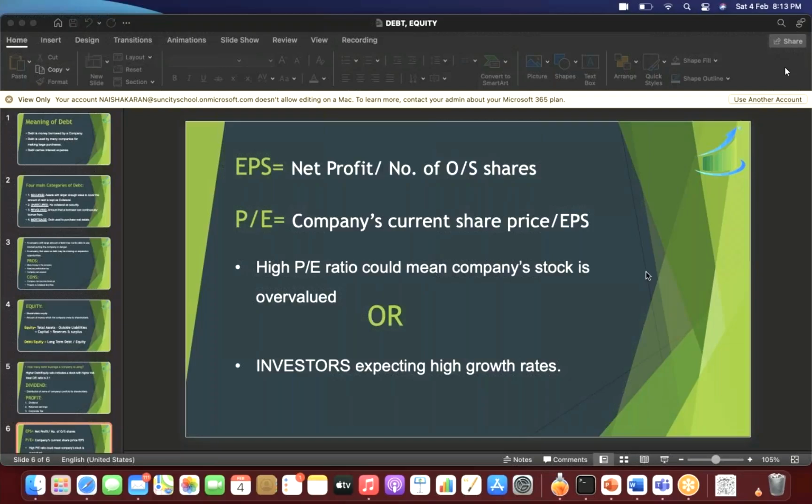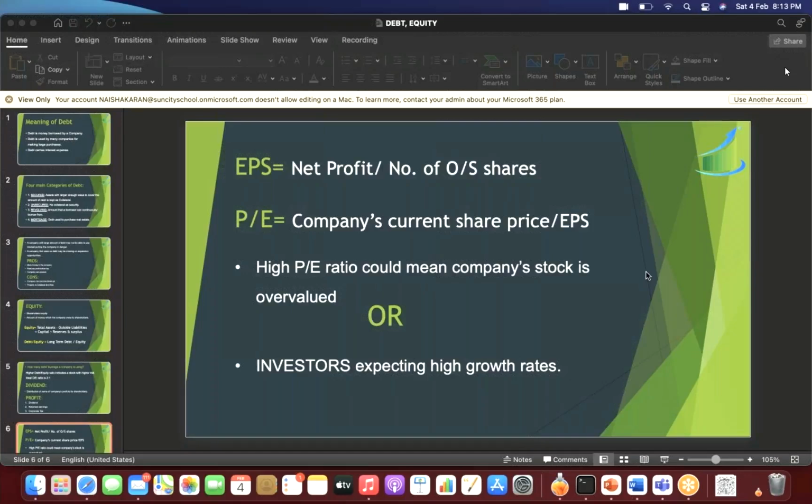So earning per share is the total profit earned by the company divided by the number of shares which have been issued to the public.